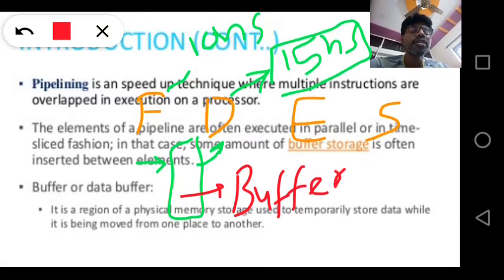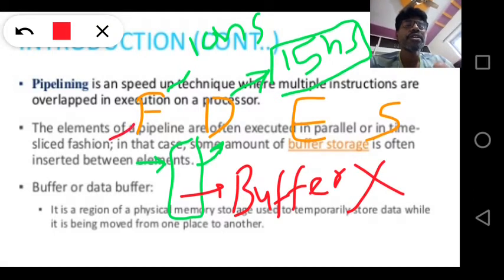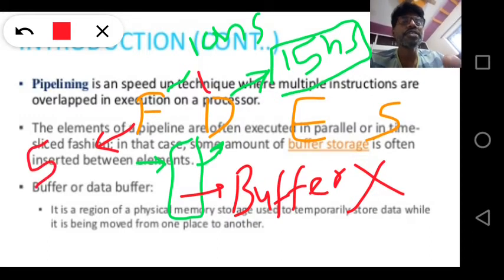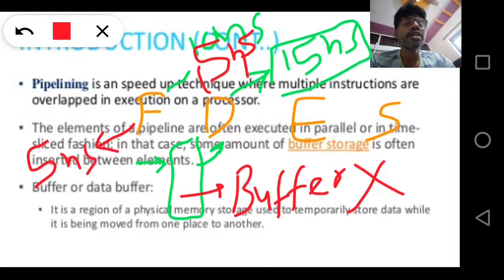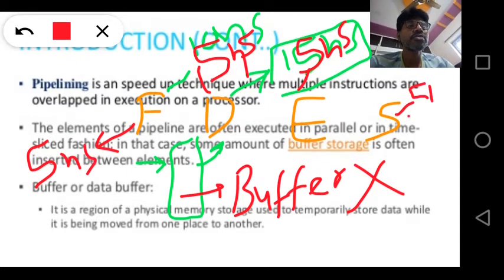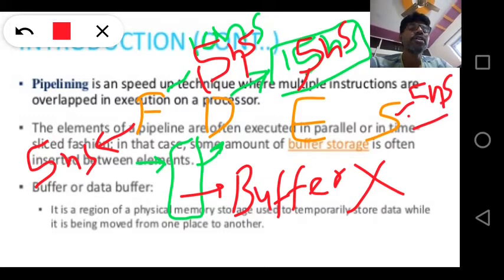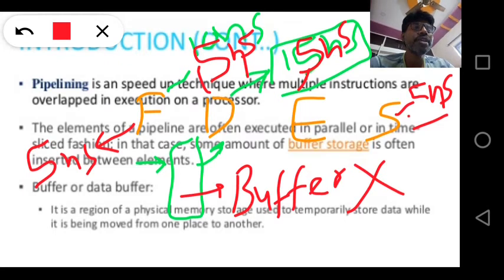Buffer is not required when fetch takes 5 nanoseconds, decode takes 5 nanoseconds, execute takes 5 nanoseconds, and store takes 5 nanoseconds. If each stage takes the same amount of time, then buffer is not required.